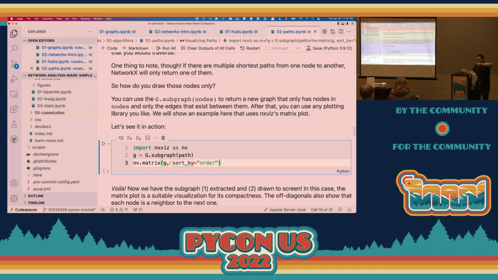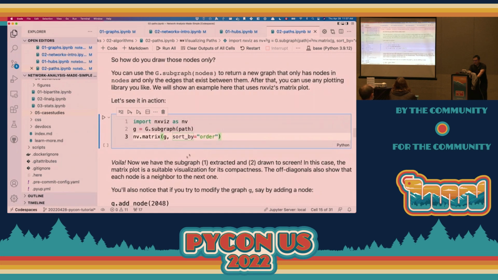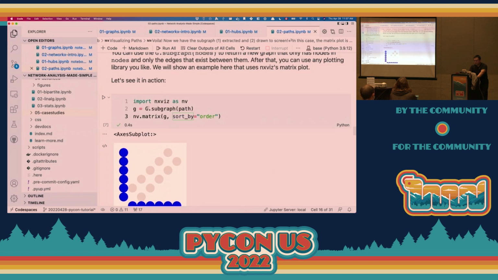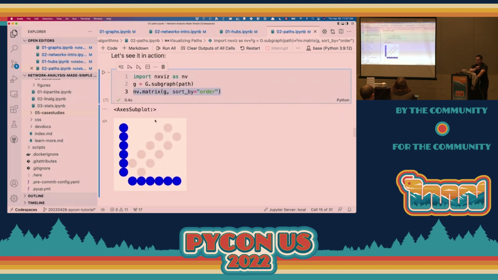So if you wanted to visualize just this path, we could do this set of class method calls. You do little g is big G.subgraph of the shortest path between those two nodes.